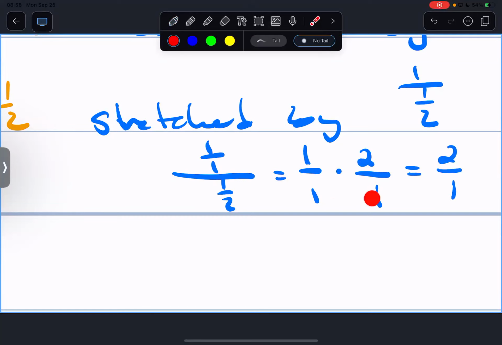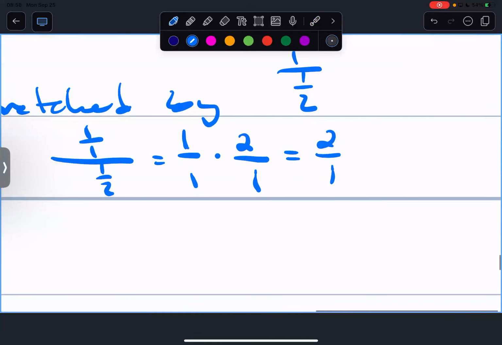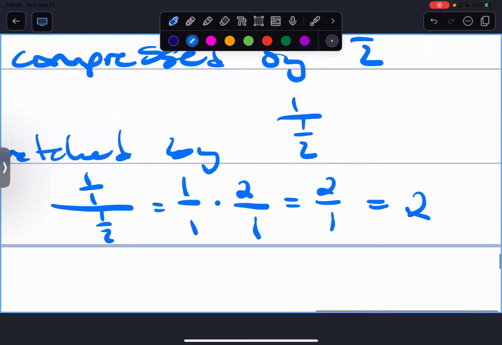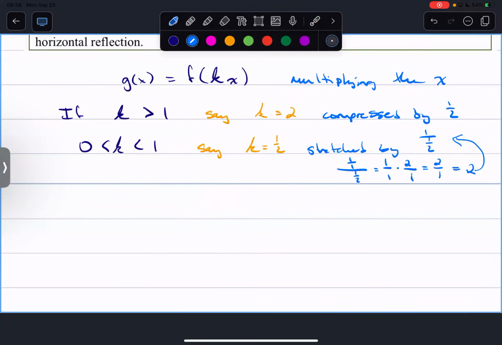Multiplying fractions, I can just multiply across. 2 times 1 is 2 and 1 times 1 is 1, but 2/1, anything over 1 is just itself. So 2. So it's stretched by 2.